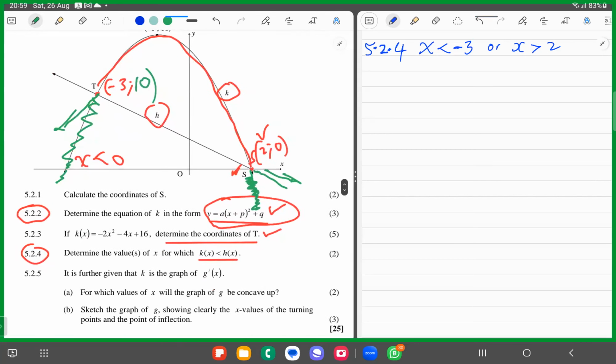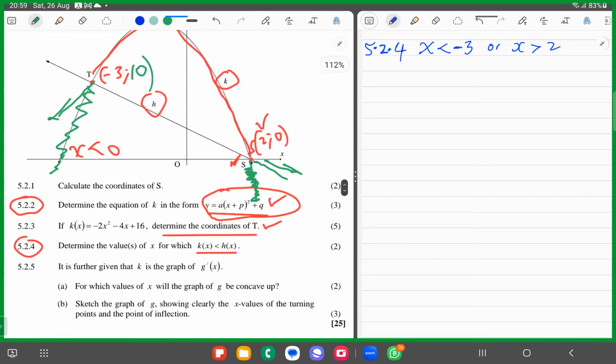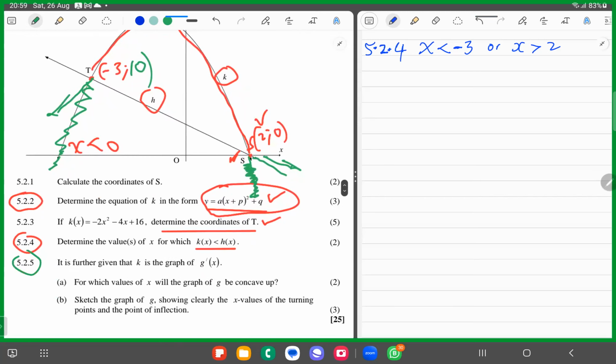We're practicing graphs a little bit, and we're moving on to other topics. Now, if it is further given that k is the graph of G primed of x, you are told something new, additional information about this.